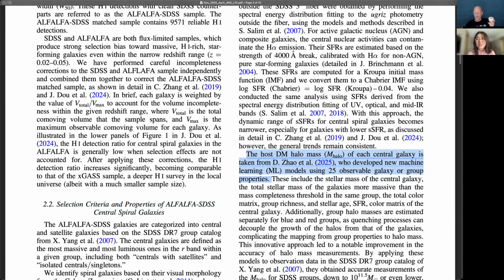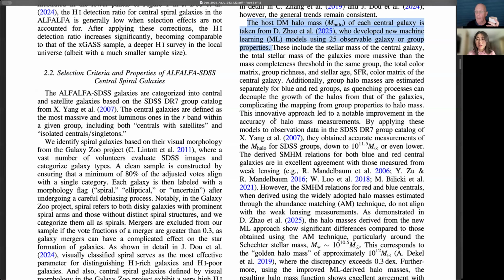In their work, they developed a new machine learning technique using many observable galaxy and group properties. One key feature of their approach is that they estimate the group halo masses separately for the blue and red groups, because the quenching processes can decouple the halo growth and the galaxy growth.